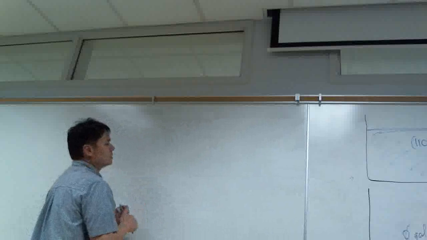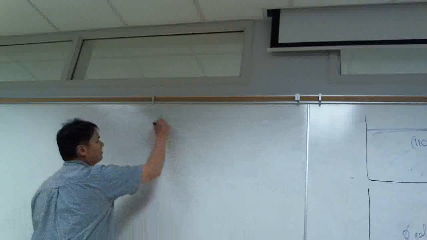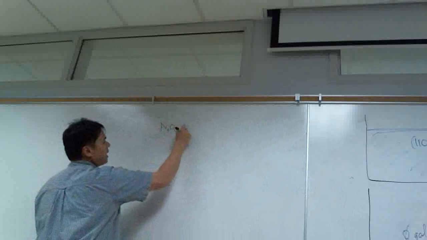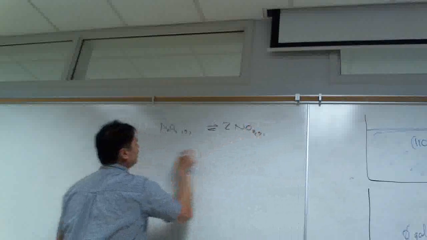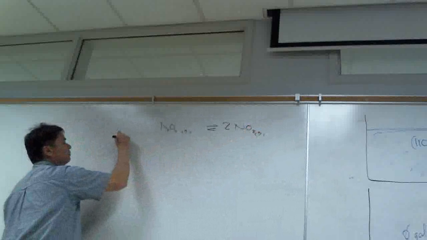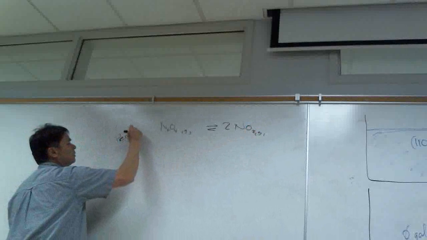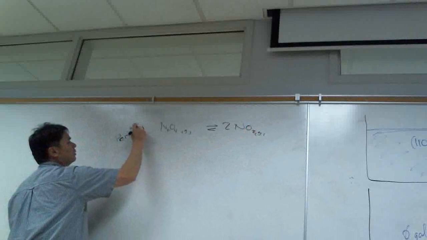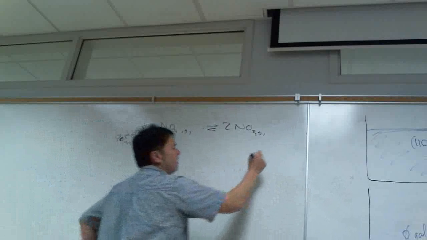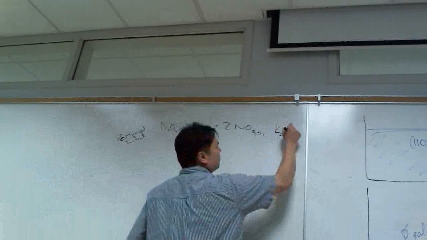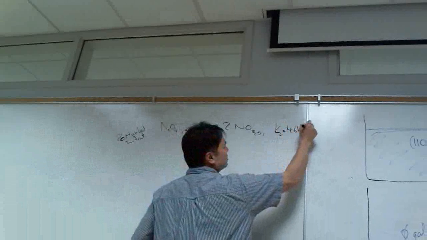Let's go back to that original problem. N2O4 gas goes to 2NO2 gas, and then look at the perturbed initial. Kc for this was 4.61 times 10 to the minus 3.